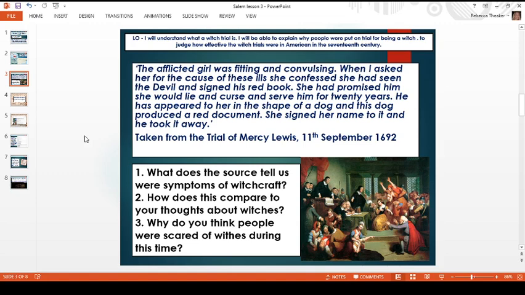This idea that girls that could somehow communicate with animals were linked to the devil is where the concept of the black cat comes from.